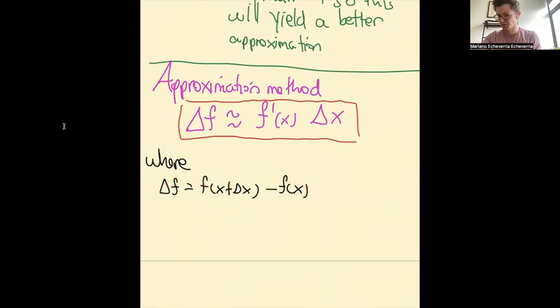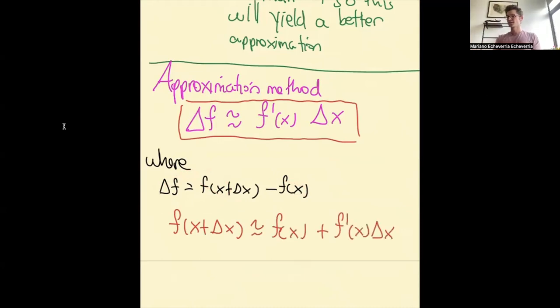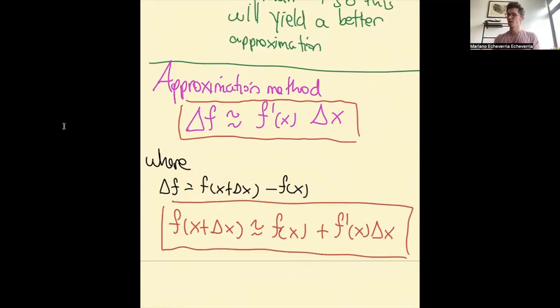And once you do that, the other way to rewrite it is that f of x plus delta x is approximated by f of x plus f prime of x times delta x. Okay, so these two ways of writing it are equivalent. They mean the same formula, but they're just being written in slightly different ways.